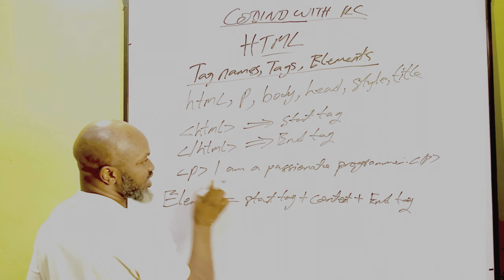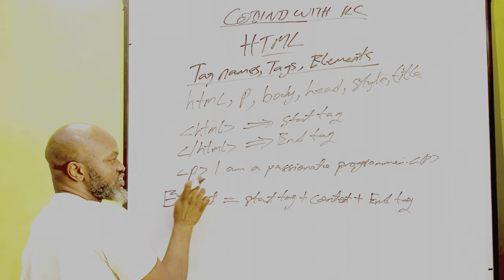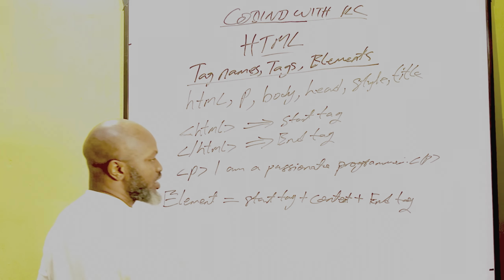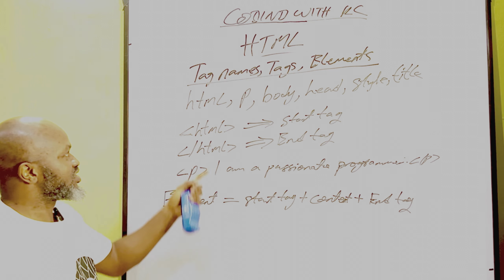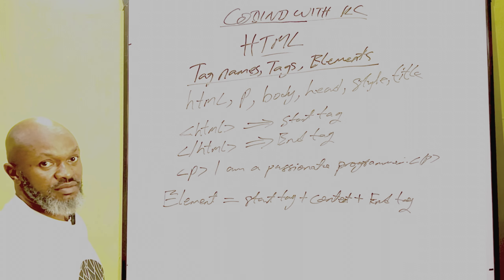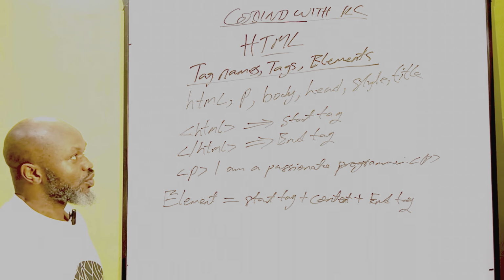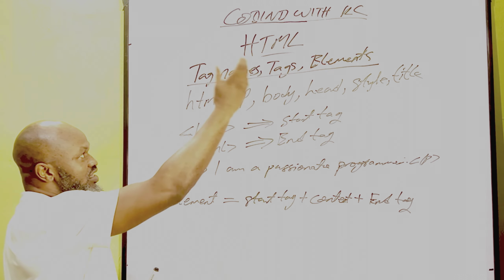So this is the start tag, this is the end tag, and we can see that this is something that is in between the start tag and end tag. When I add all of them together, that makes up an element. So this is key. If I wrote this thing together with this one, it will be the HTML element, which we said is the root, right?